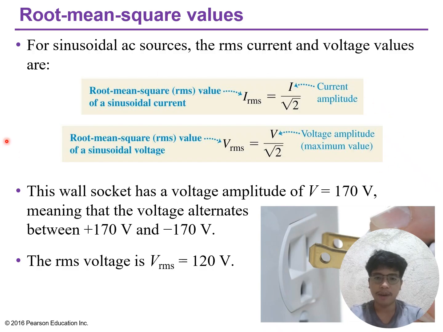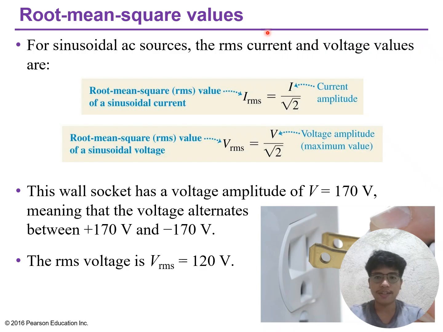I subscript RMS equals capital I divided by the square root of 2, and similarly V subscript RMS equals capital V divided by the square root of 2, where capital I and capital V represent the peak amplitude of the sinusoidal current and voltage.